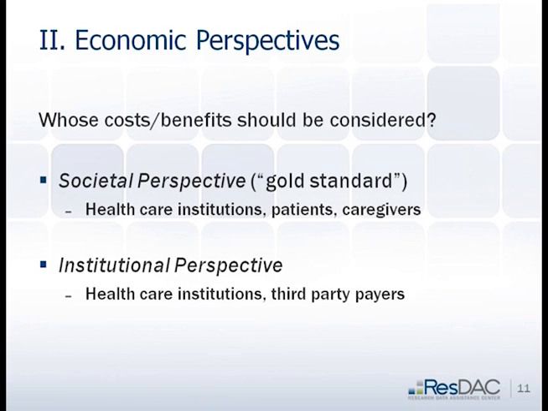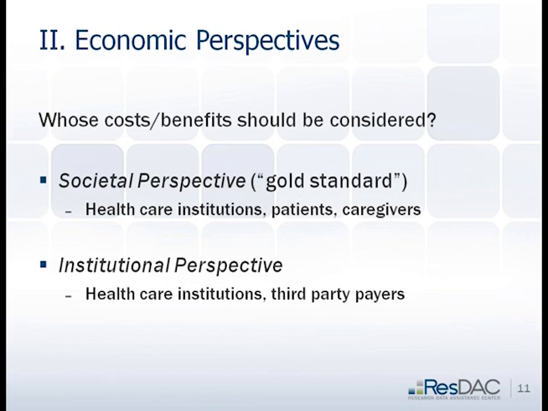So from an economic perspective, when you conduct these types of analyses, there are two types of perspectives that you can go after. The gold standard is the societal perspective, and the reason being is that if you just look at, for example, Medicare reimbursement rates, you're just looking at this issue from Medicare's point of view.